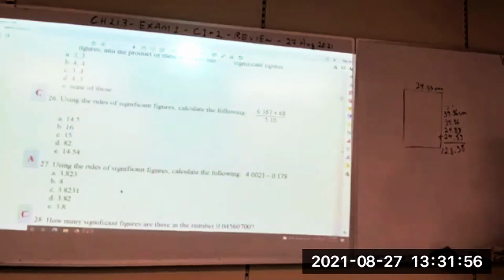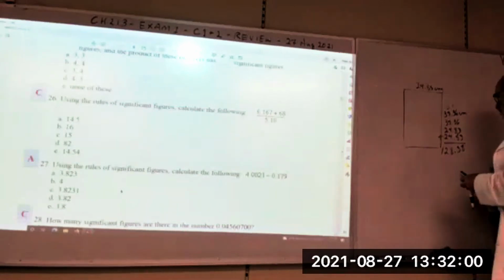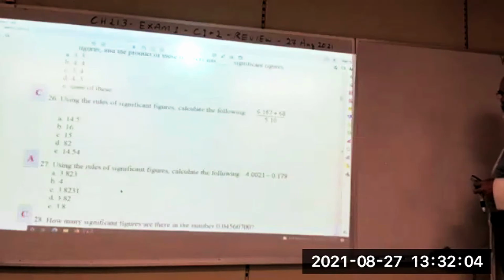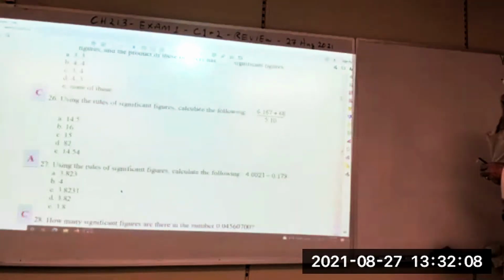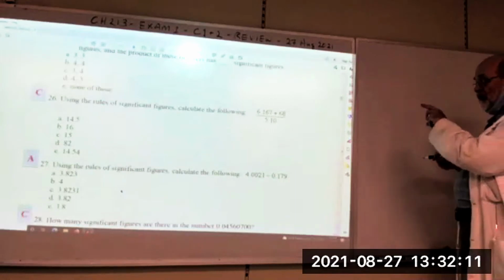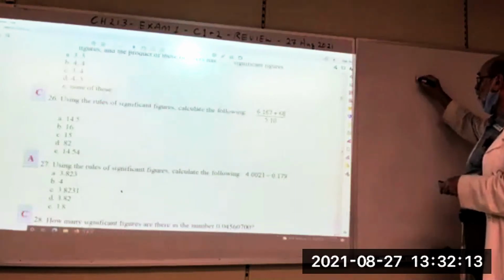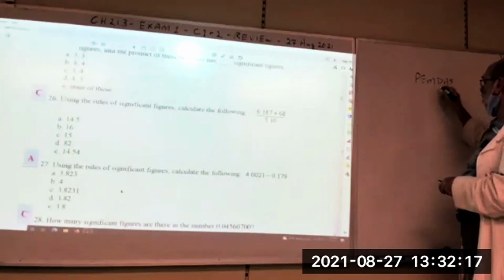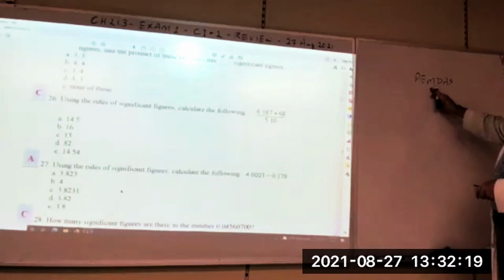Okay, how about this one? Rules of significant figures. Calculate this one. All right, now I got a feeling that this one's not set up correctly. Right? There are no parentheses here. So if we use the rules of calculation, we're down to multiply and divide.